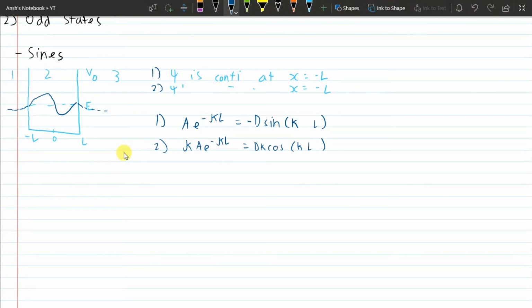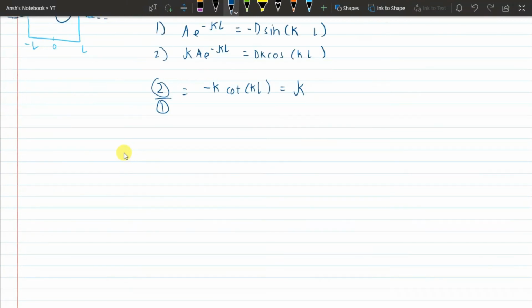So again, dividing equation 2 by equation 1, you get minus k cot kL is equal to kappa. Then, like we did before, we'll multiply both sides of the equation by L, and we have minus kL cot kL is equal to kappa L, and we'll substitute for our dimensionless constants.